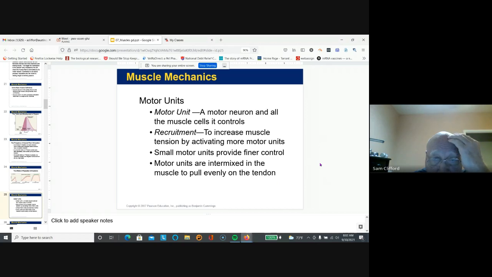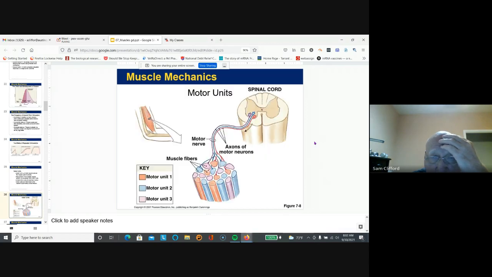Okay, so let's talk about motor units, which is the motor neuron and all the muscle cells it controls. The muscle can recruit the number of muscle fibers that the nerve causes to contract. And so depending on how much muscle tension you want the muscle to generate, you recruit motor units. So what do motor units look like?